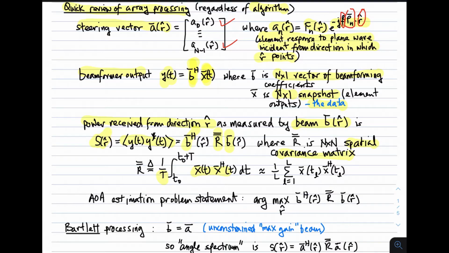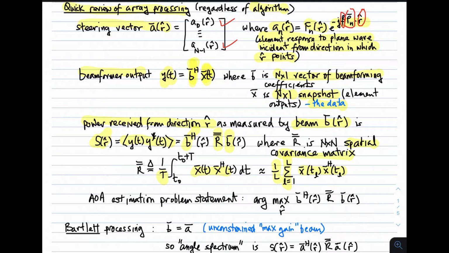Alternatively, if you have digital data, you would normally express the spatial covariance matrix as the sum of outer products taken for each one of those sampling times. You just sum over L of them and then divide by L to get an average. It's just the digital version of the integration.